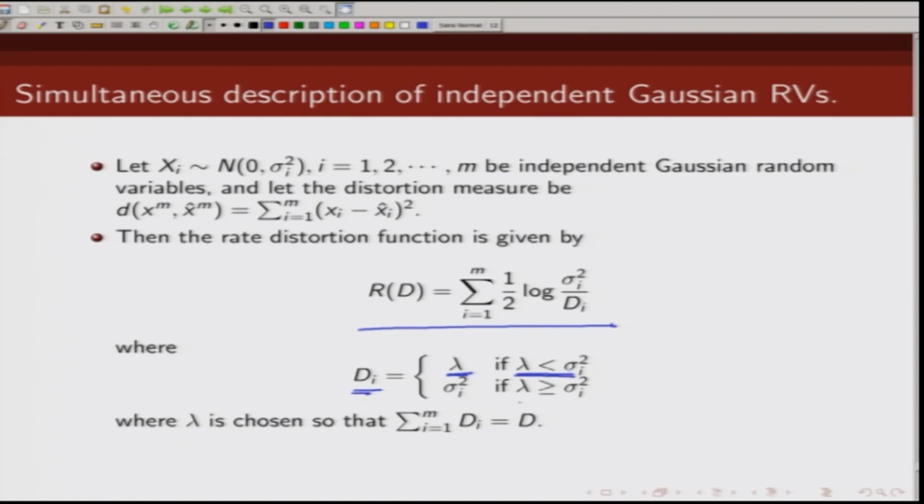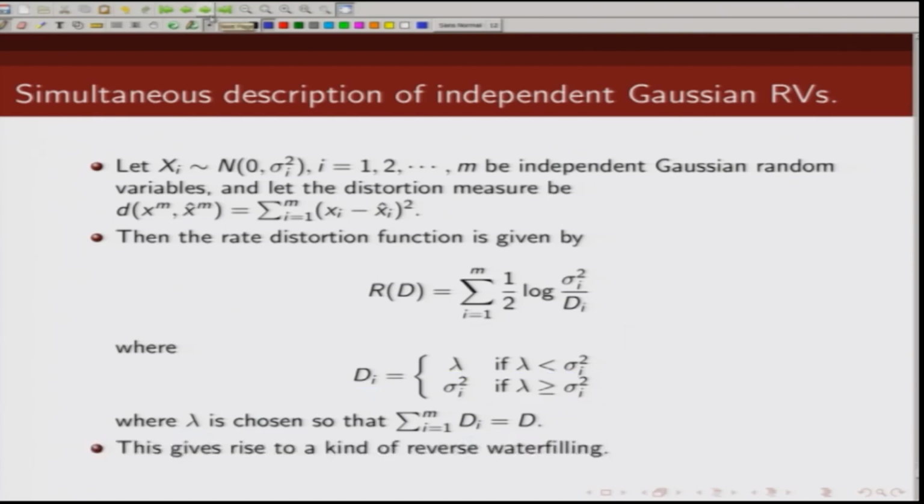Otherwise, if lambda is greater than sigma i square, di is equal to sigma i square, and we choose our lambda in such a way that the sum of the distortion over these m sources is equal to d. This gives rise to what we call reverse water filling.